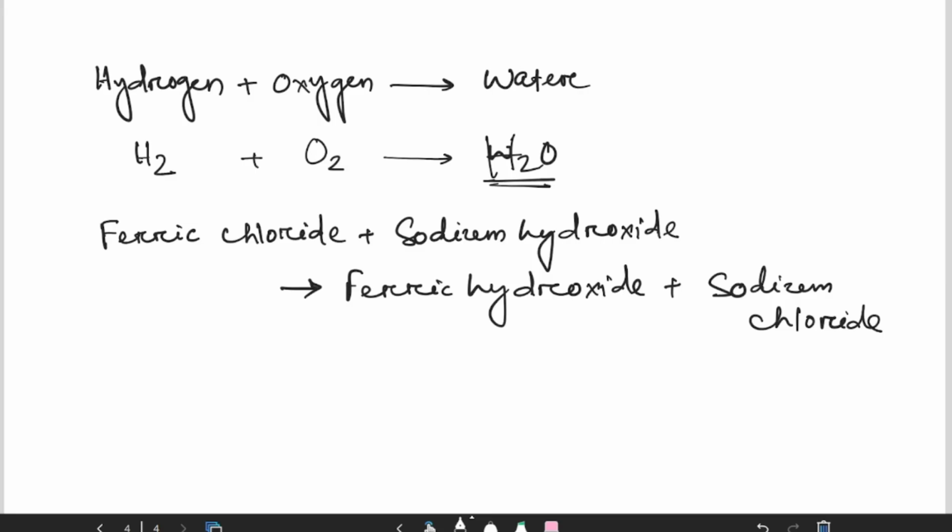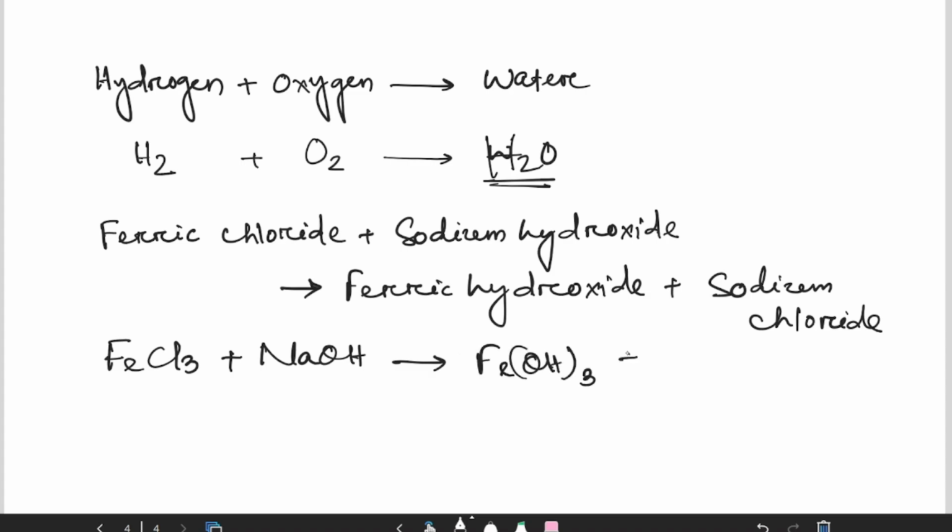So you see, ferric chloride means FeCl3. Then sodium hydroxide, that is NaOH, gives rise to Fe(OH)3 plus NaCl.